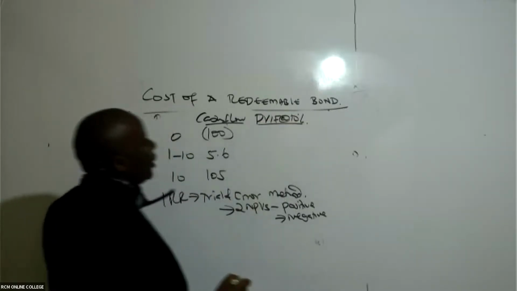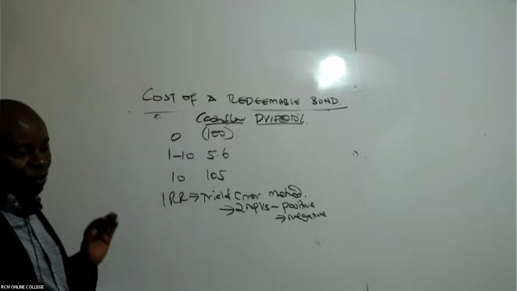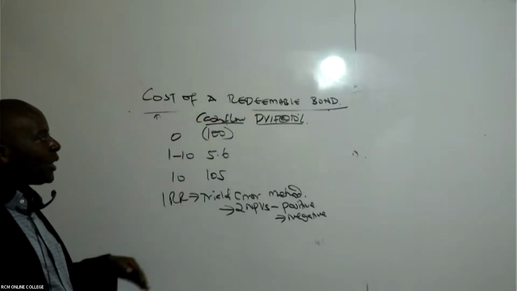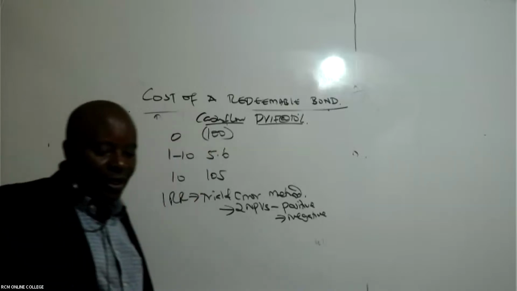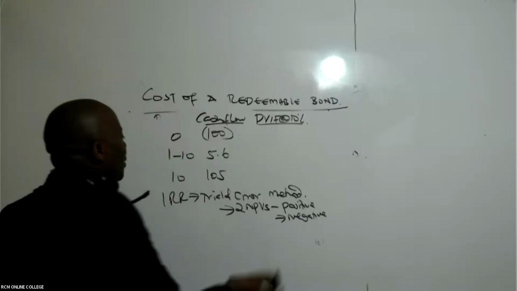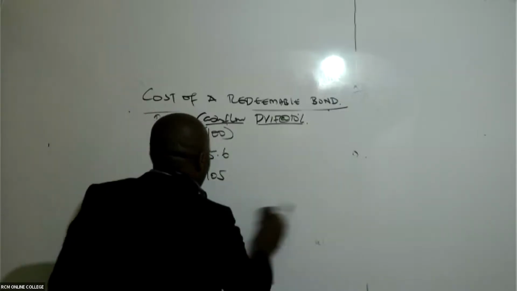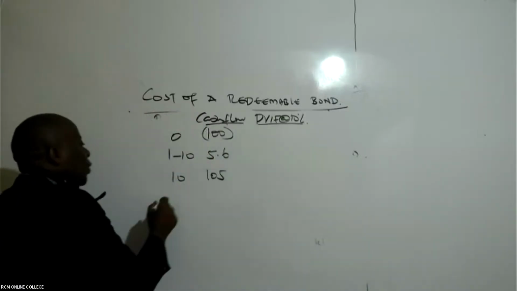I'm trying 10% first of all because I want to discount these cash flows. Please listen, remember whenever you're discounting, there are 2 formulas.